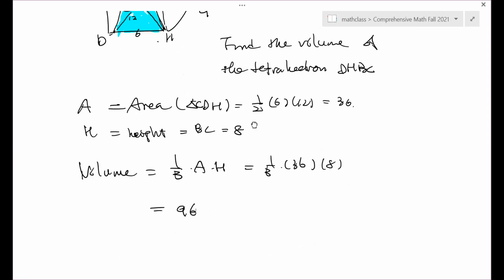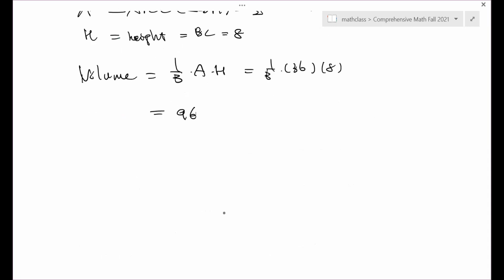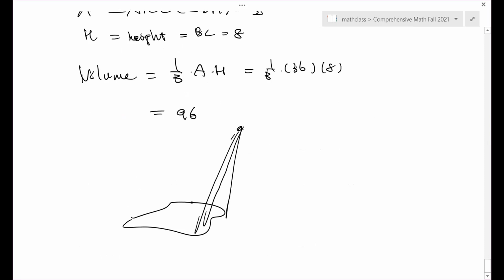In general, if you have a cone, right? So-called by definition, a cone looks like that. Connect all the sides. Cone.